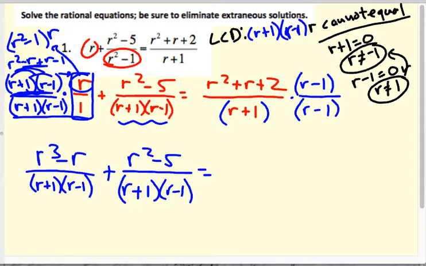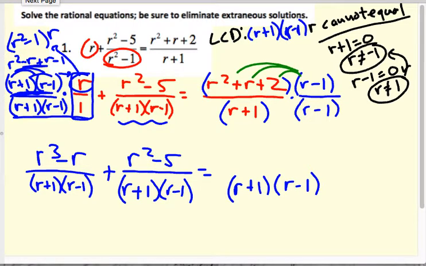Okay, we're going to do a little multiplying here, multiplying these two. In the numerator, I'm still going to have an r plus 1, r minus 1 in the denominator. So multiplying by my r's, r times this r squared gives r cubed.